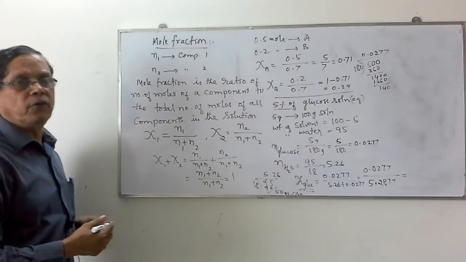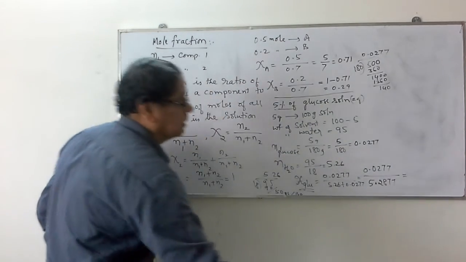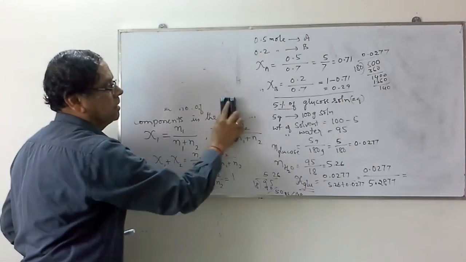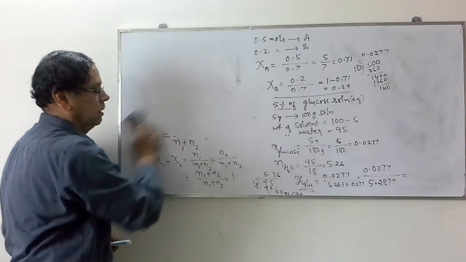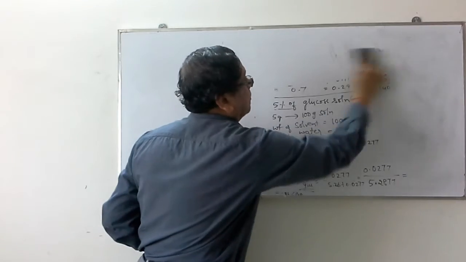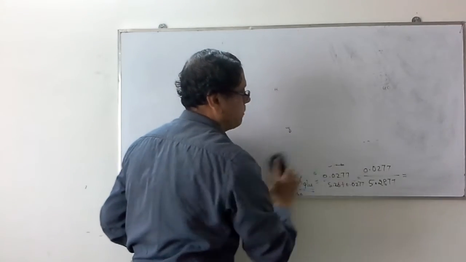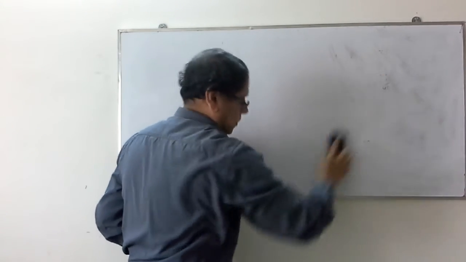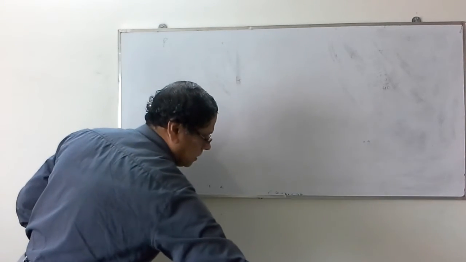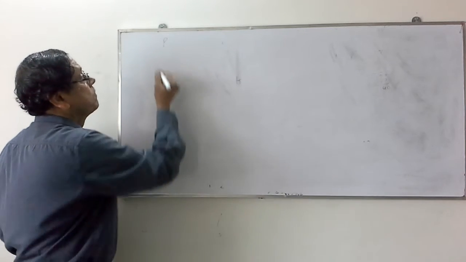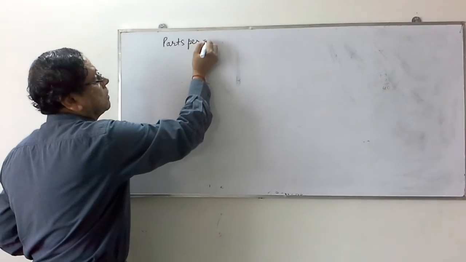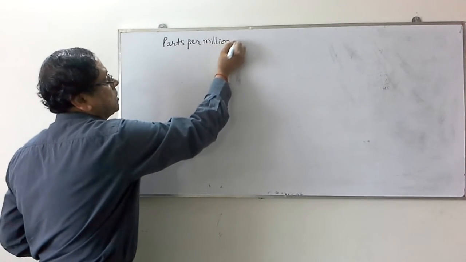Now let us go for the next concentration, which is usually used when the concentration of the component is very, very small. That is parts per million, usually expressed as ppm.